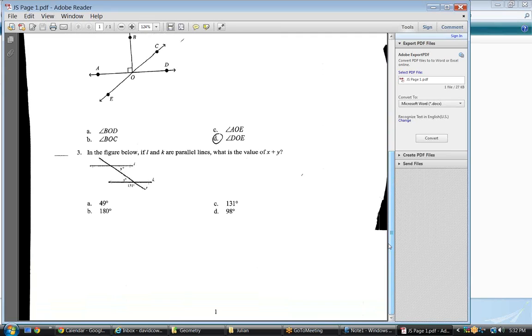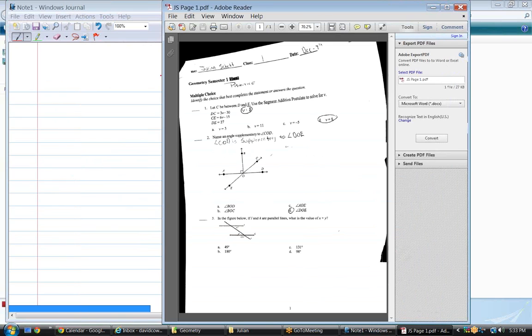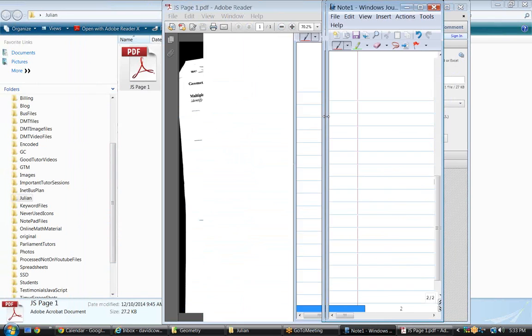What's the value in number 3? Value of x plus y. So wouldn't it be 180? No. Here, let me draw it so we can look at it a little better.